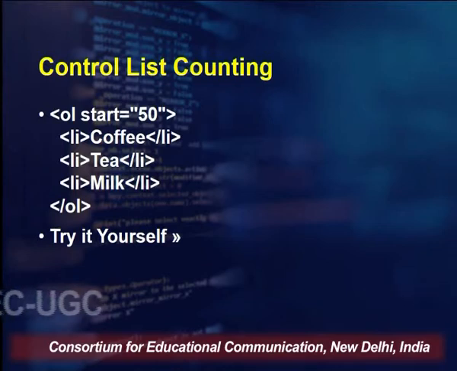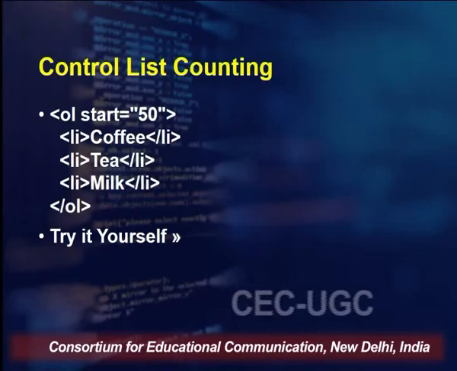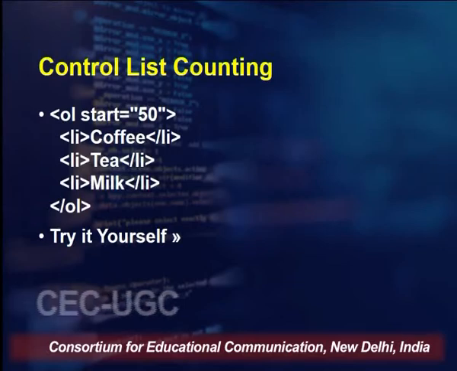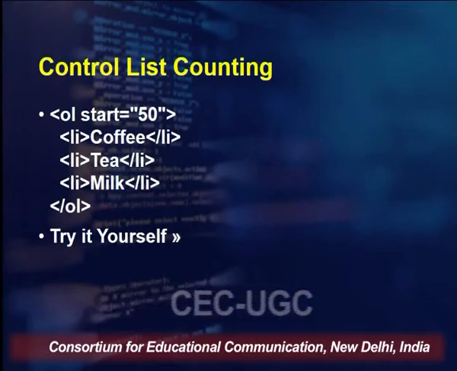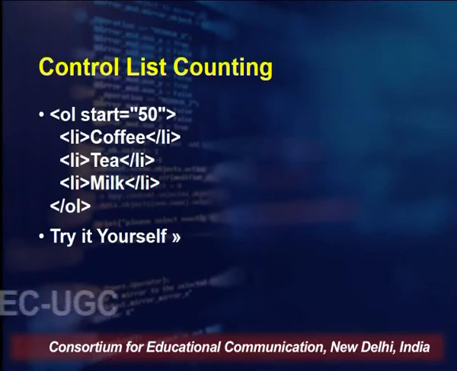The type attribute will overtake the start attribute. For example, if you write type equals I and start equals 50, please try this in your HTML coding to see what kind of response it gives.